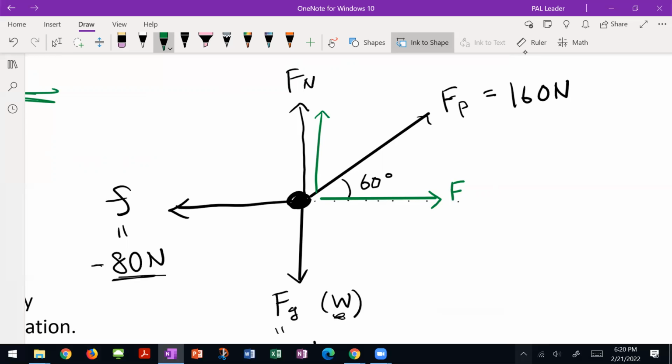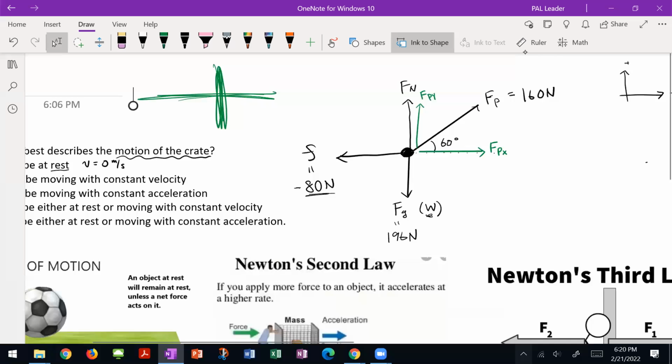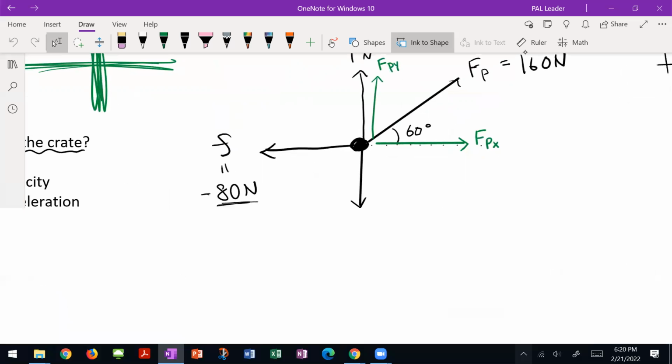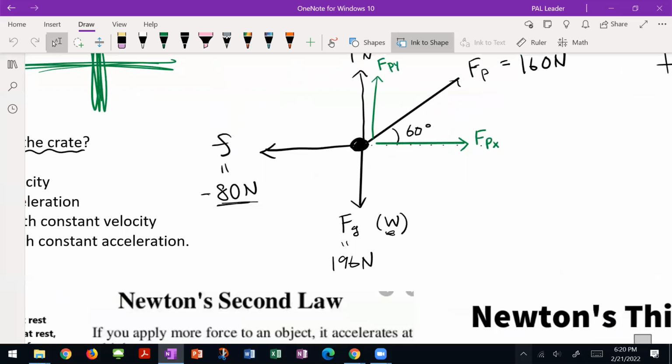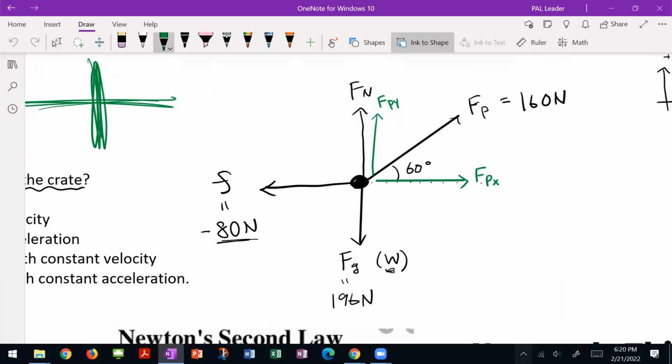Anyway, this pulling force into its horizontal and vertical components. So this horizontal would be Fpx, and the vertical would be Fpy. Now we don't know what Fpx is, right? What if it's 100 newtons?